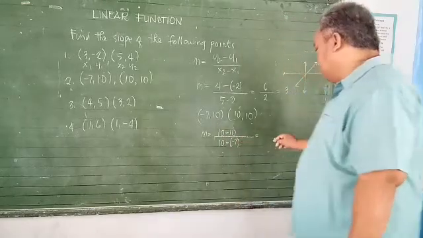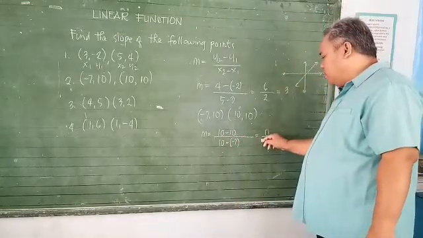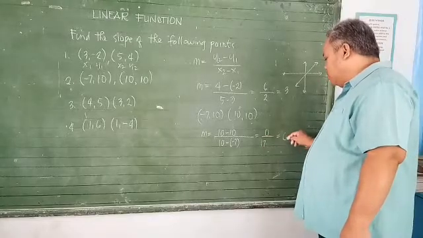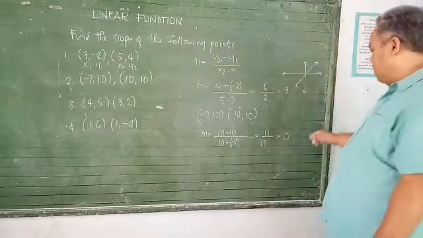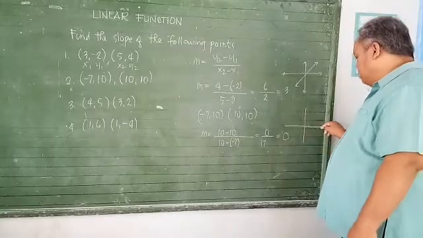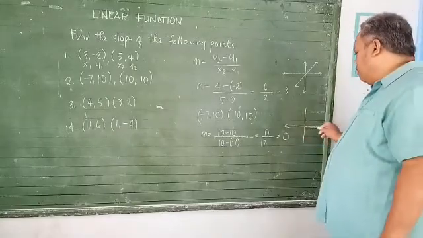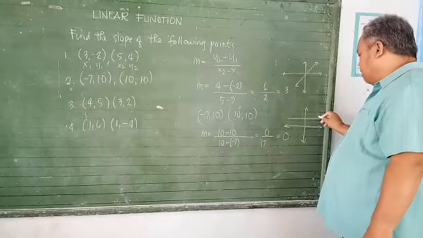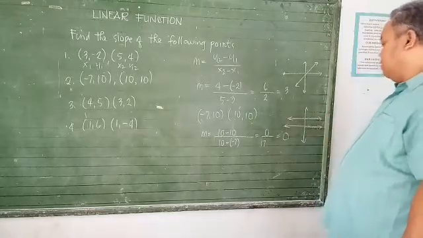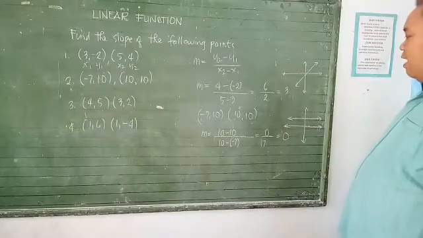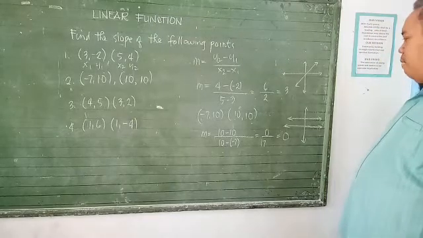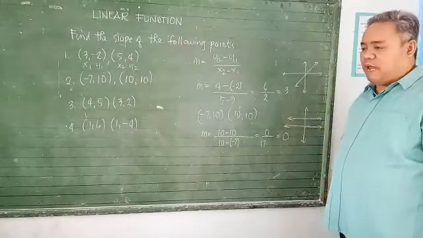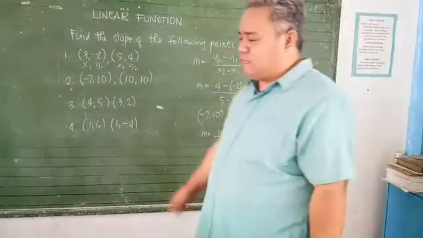So it will give you 0 over 17. So 0 slope. When the slope is 0, what does that look like? 0 slope, it means, okay, what will be the position of your line? It may be here. That is a straight line, parallel to the x-axis. Okay? Parallel to the x-axis, because it has no slope. It does not contain slope.